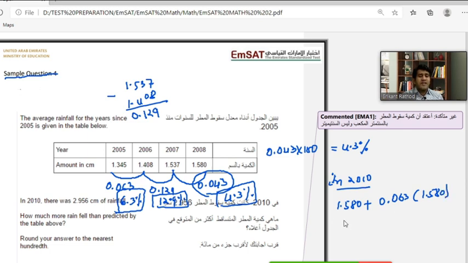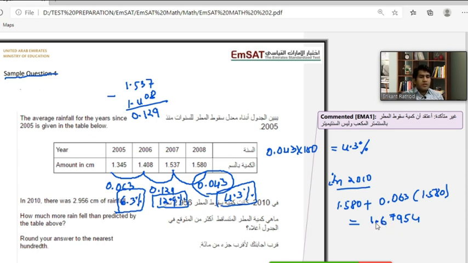So if you add that, 1.580 plus 0.063 times 1.580, you'll be getting the value approximately as 1.67954. It's a calculator, please make use of it.